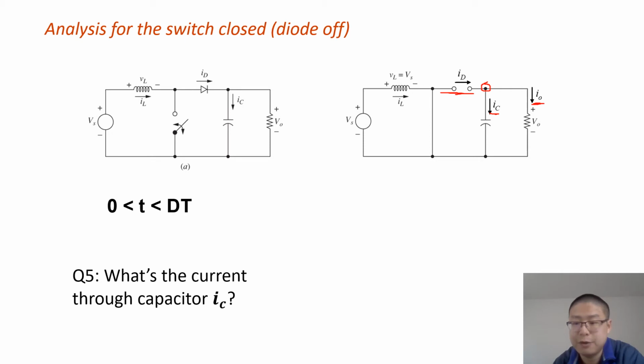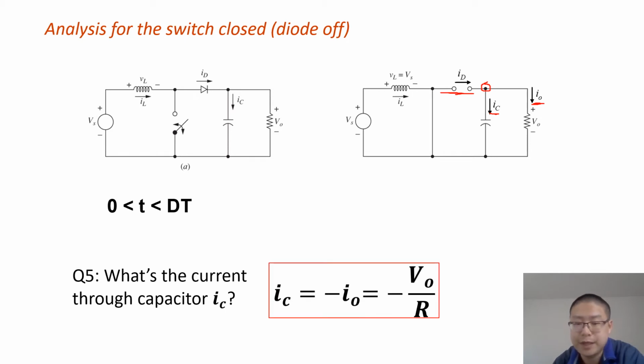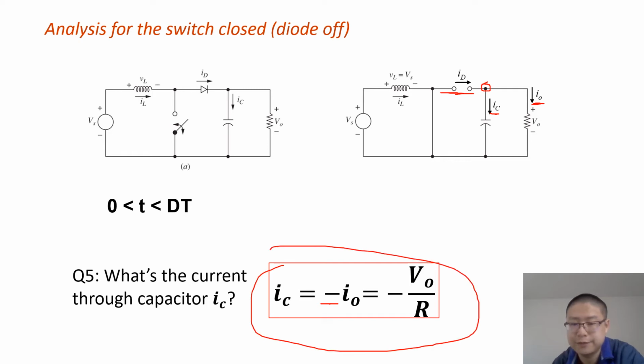But be careful that the reference direction is different, is opposite. So IC equals IO, but there's a negative sign here. IO equals VO over R. So we can obtain the expression for IC.